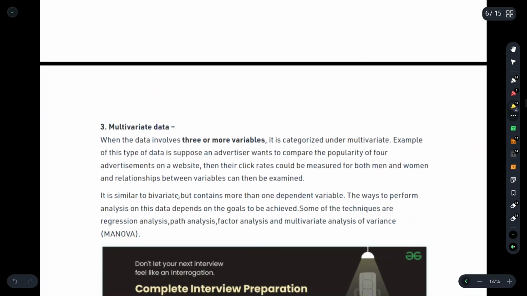Now we can see multivariate data. Multivariate data is nothing but working with 3 or more variables. It is categorized under multivariate. An example of this data: suppose an advertiser wants to compare the popularity of 4 advertisements on a website, then it is multivariate data, because they are comparing 4 different subjects, 4 different categories.